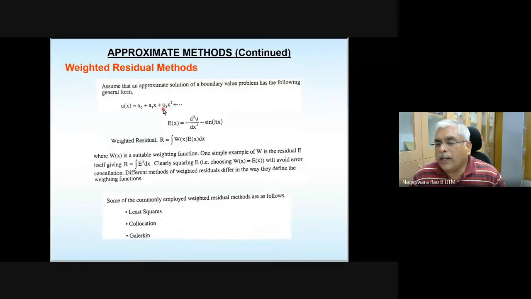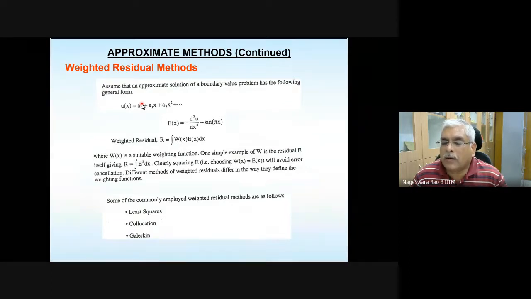So you don't need to have two of these terms, like A0 x square and again A3 x square. These terms are linearly independent, or each term in the basis should be linearly independent. 1, x, x square, all these should be linearly independent.